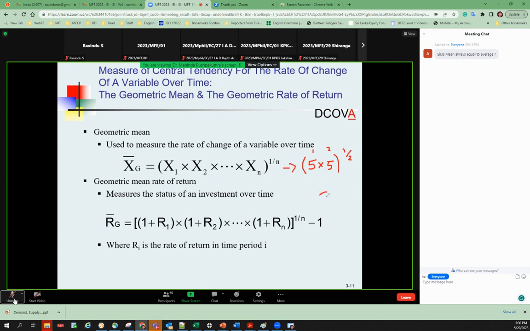That means 5 squared, to the power of 1 over 2. Then according to the power rule, you can write this down, and the answer is 5. Then the geometric mean is equal to 5. This is the formula for the geometric mean.